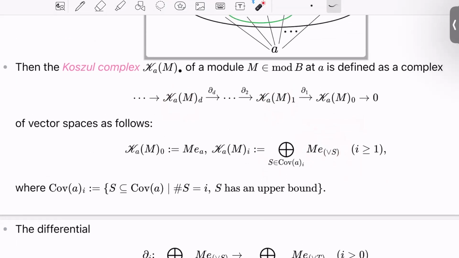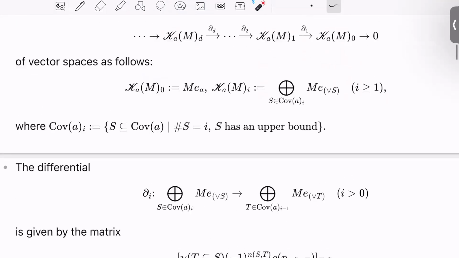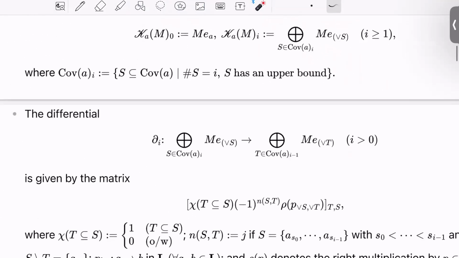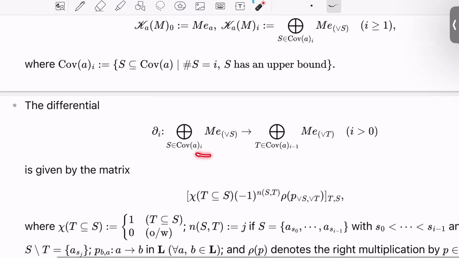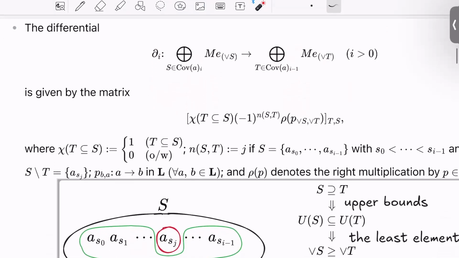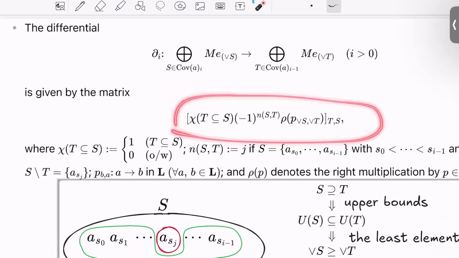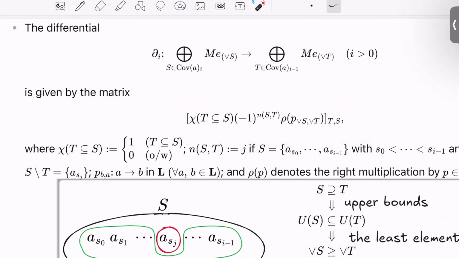Then we have to define the differential, from i to i minus 1. Since they are direct sums of vector spaces, it is possible to give it as a matrix in this way. Here it consists of three things.